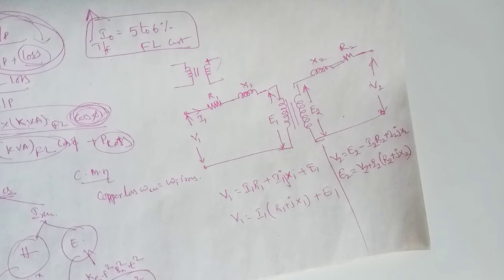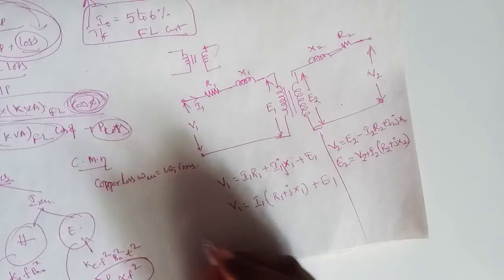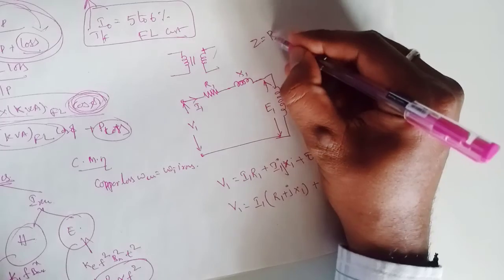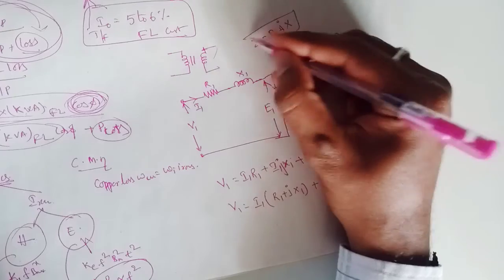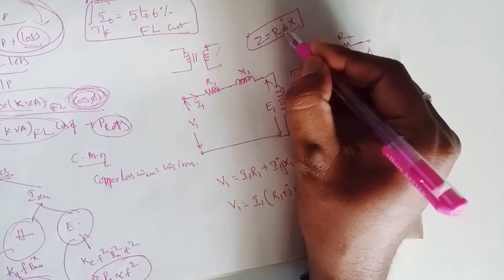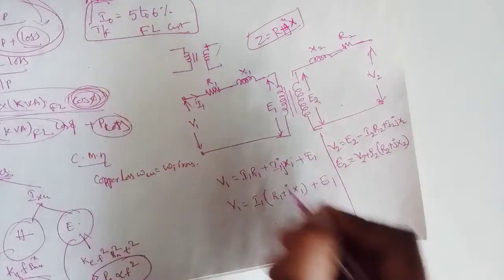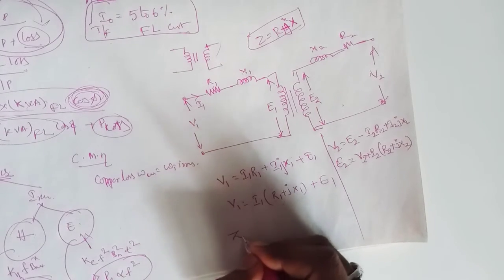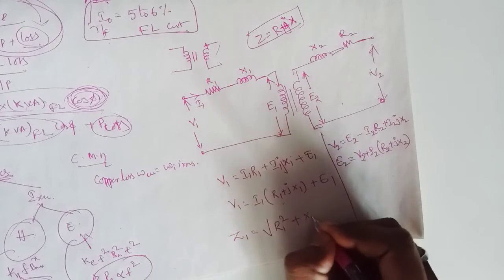From these equations, you know from basic circuits that impedance Z equals resistance plus jX, where X is the reactance. So Z = R + jX. Similarly, on the primary side, Z1 is the square root of R1 squared plus X1 squared.